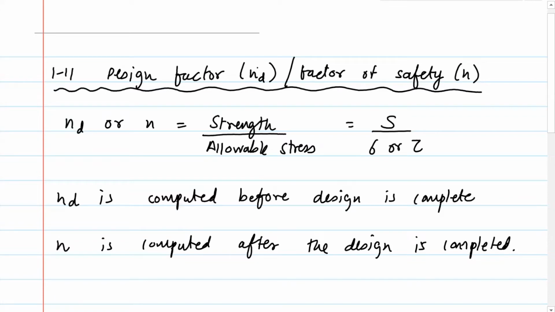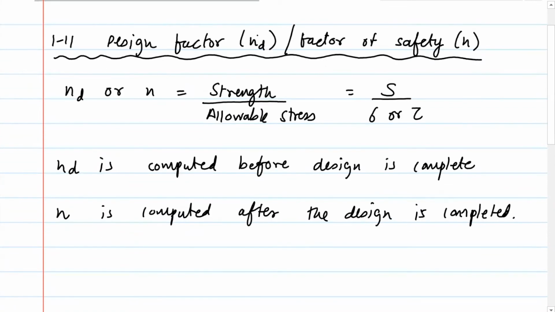And why would the factor of safety change when the design changes? When you use the design factor to compute the stress and the dimensions of the object, you go through the catalogs, and you may not be able to get the required dimensions for that particular computation you did.